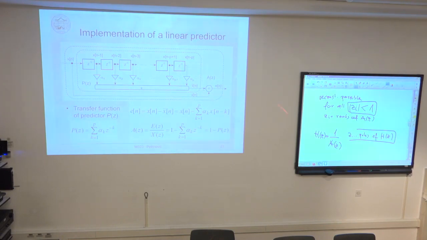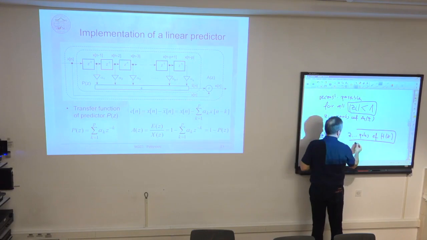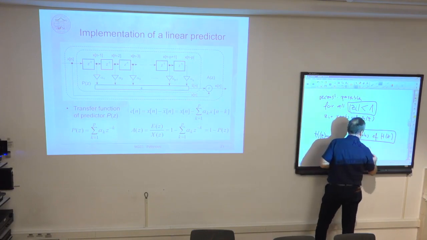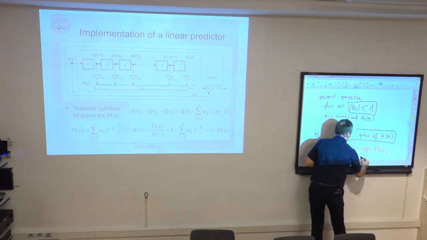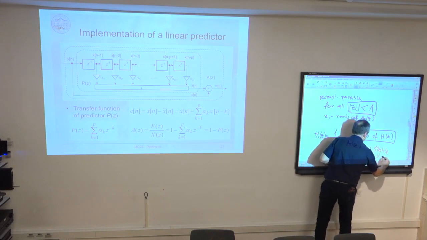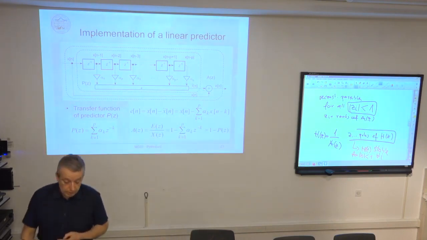If they are all less than 1, then I can construct the reciprocal filter H of z, and therefore all the poles of this reciprocal filter are stable. So for all roots, their magnitude should not exceed 1.